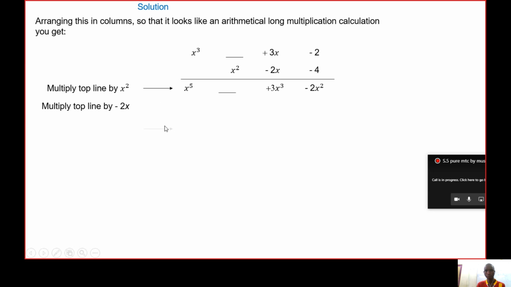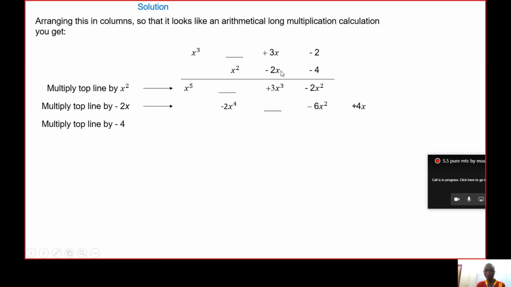Next, multiply the top line by negative 2x. So when you multiply the top line by negative 2x, what is our first term? We get negative 2x times x cubed, which gives negative 2x power 4. We write it below this dash here.